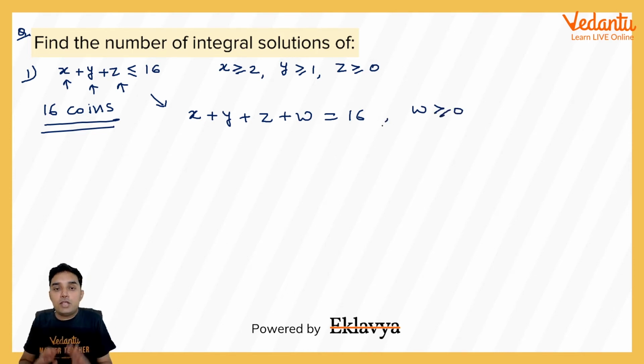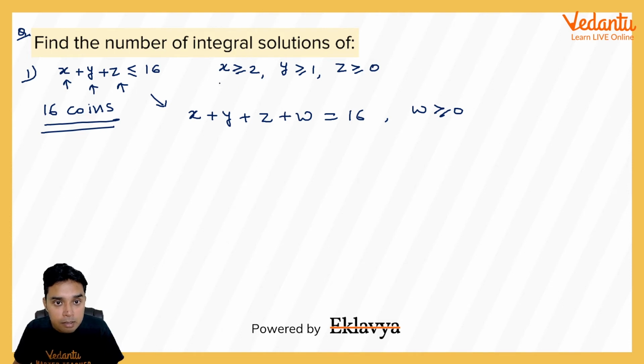We have imagined a fourth beggar, so whatever is left out goes to the fourth beggar. You can think of yourself as the fourth beggar if you are keeping it in your pocket. This is how the less than or equal to sign is replaced by the equal to sign.